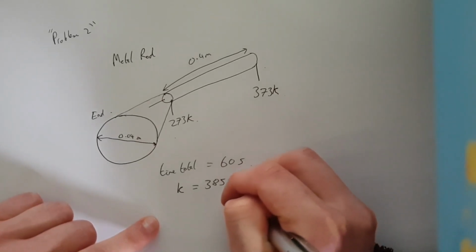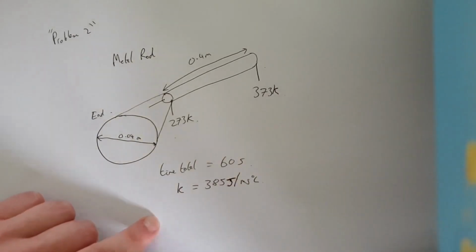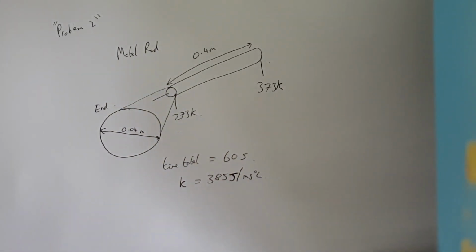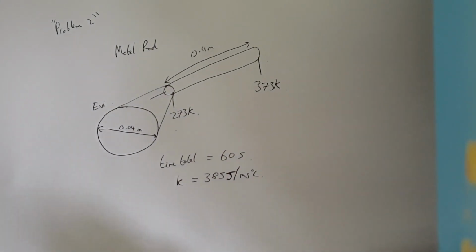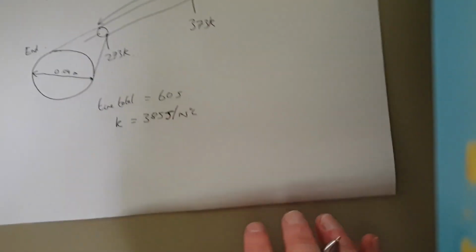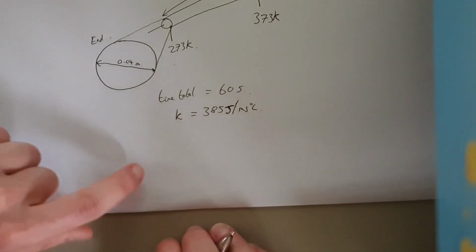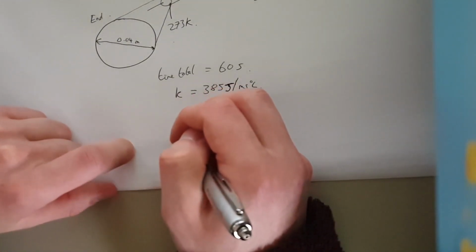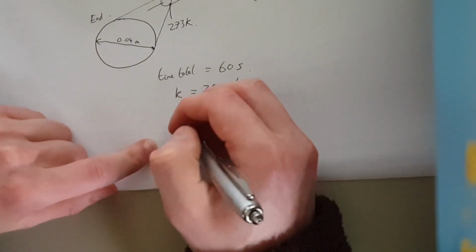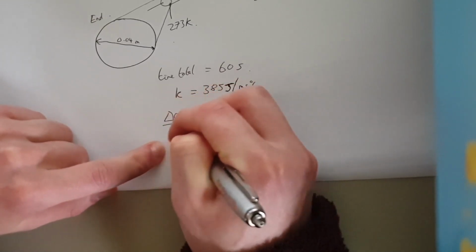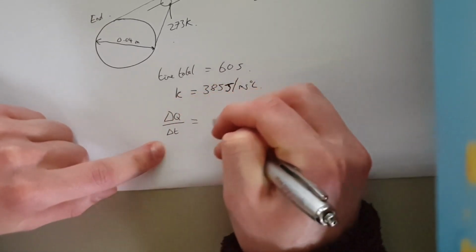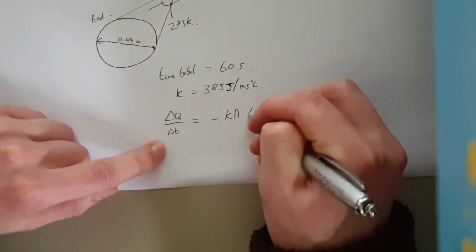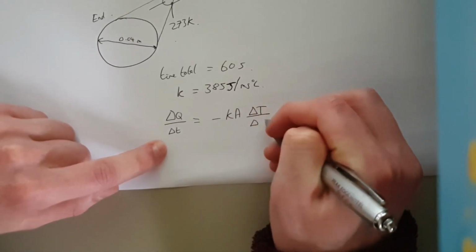Okay, so what do we know? We want to calculate the total amount of heat conducted. So we go back to our heat equation, which is delta Q over delta T is equal to minus Ka delta T over delta X.